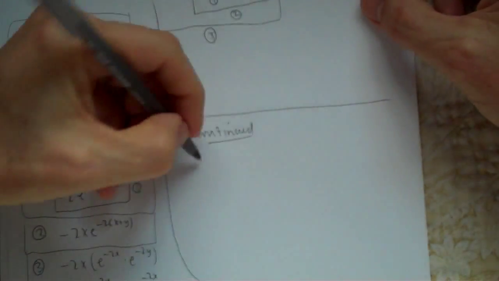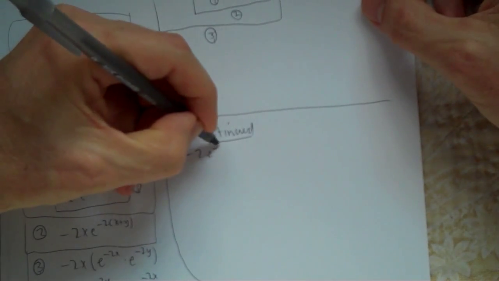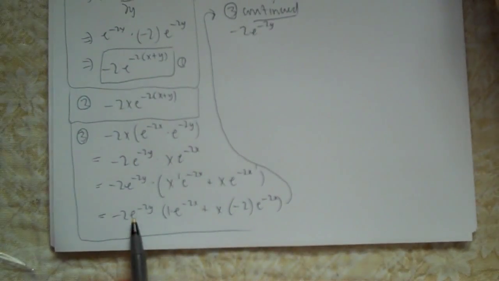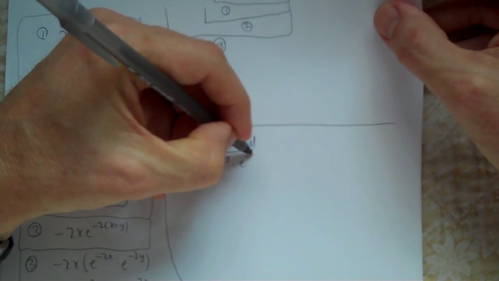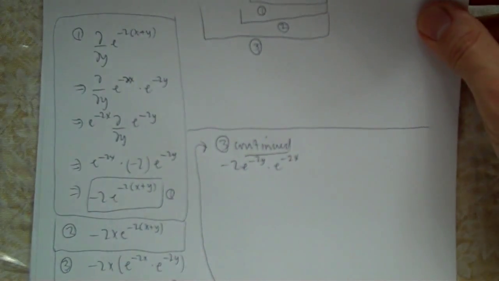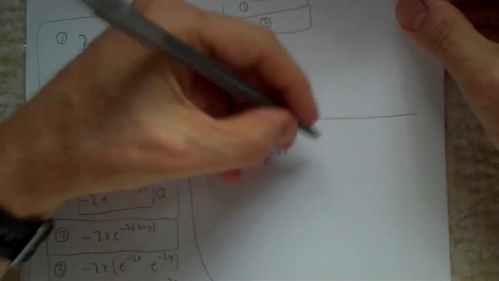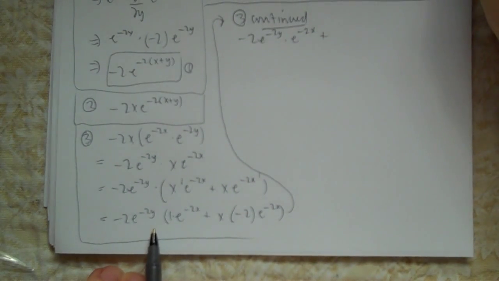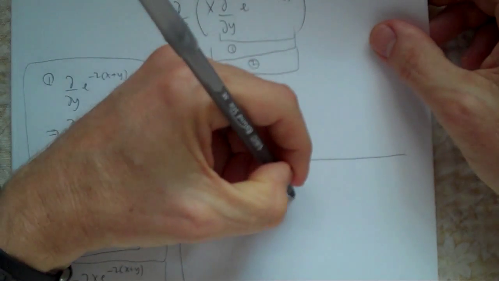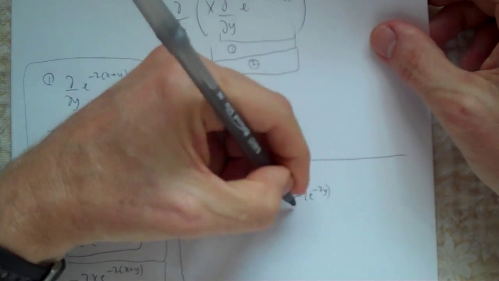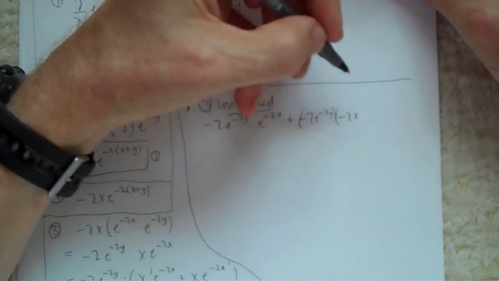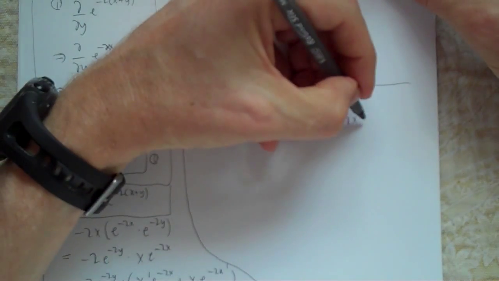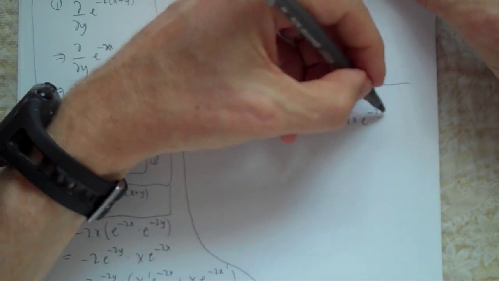Okay. So this is minus 2 e to the minus 2y. I'm going to go ahead and distribute this out, okay? Times e to the minus 2x. Agreed? Plus minus 2 e to the minus 2y times minus 2x e to the minus 2x.